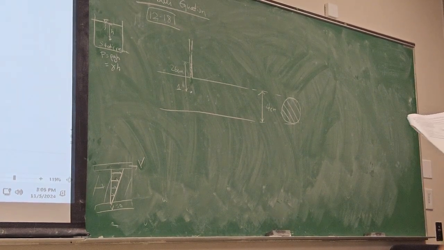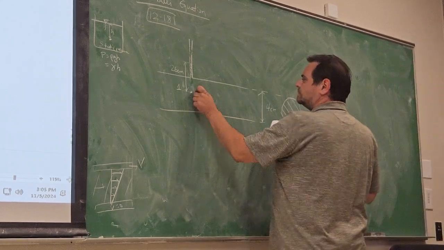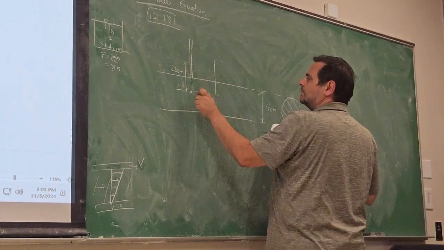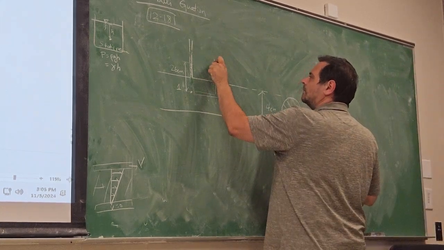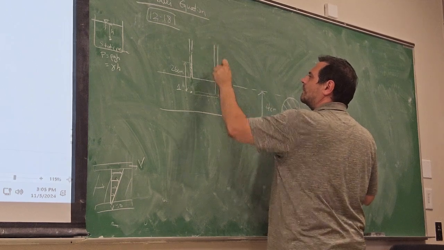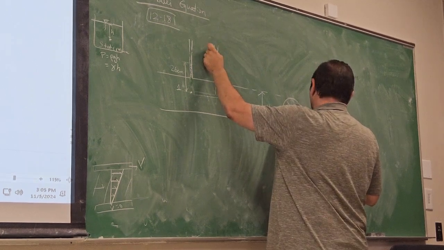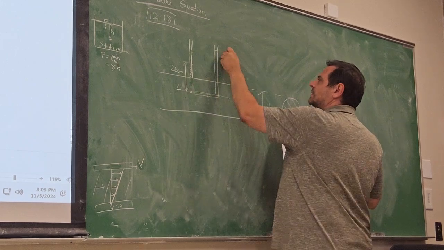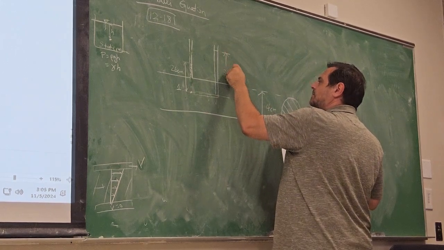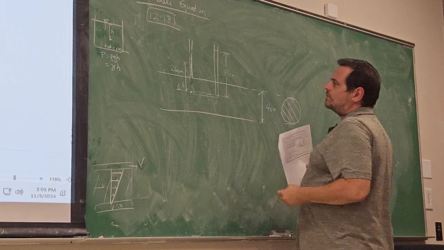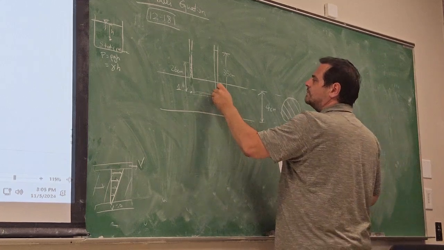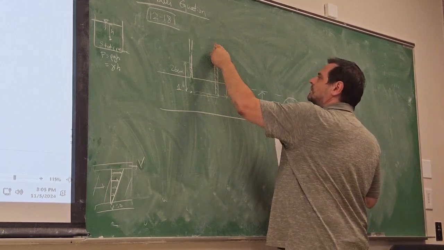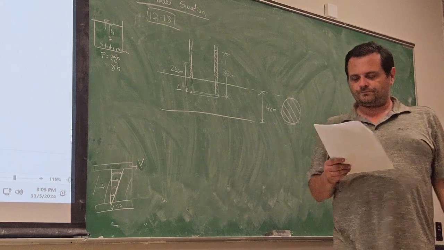And then you have the pitot tube. And this one is 35 centimeters. So it shows the water elevation in those two tubes.